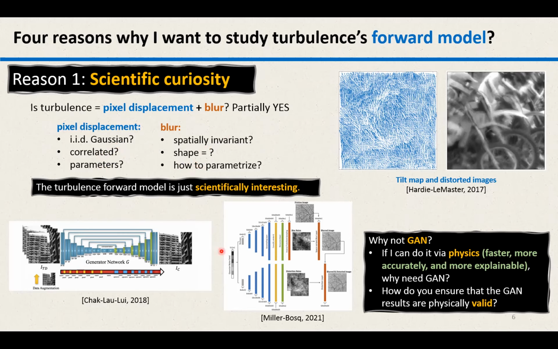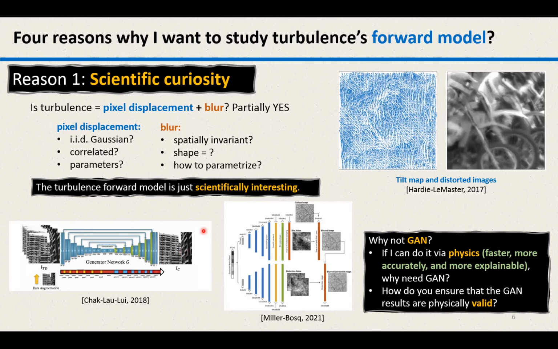And I should also say that over the past couple of years, there is a lot of work using GANs, generative adversarial networks, that basically take a bunch of real images and train a GAN to mimic the turbulence effect. This is a very, very excellent approach. It's very innovative. But I also have a challenge for this kind of approach, because when you try to simulate turbulence, do you know whether the simulated turbulence actually meets the physical law?